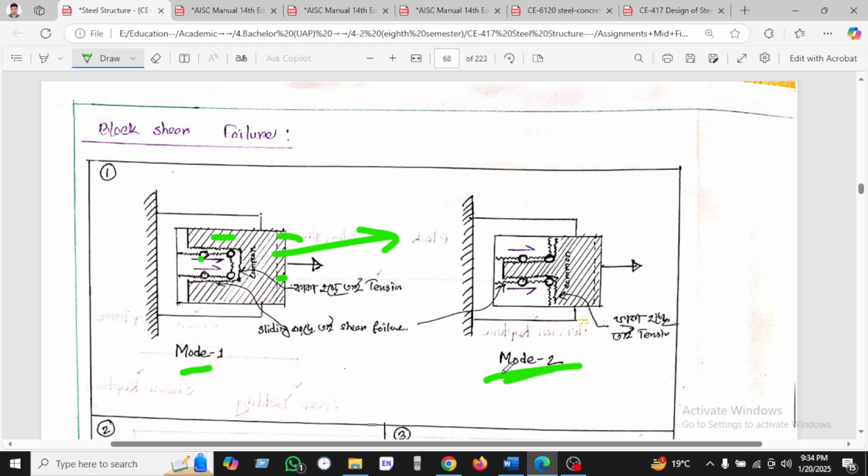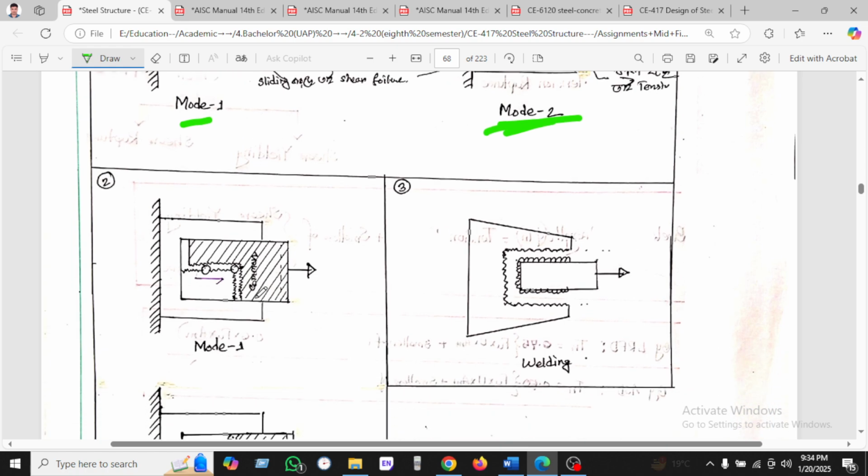On the other hand, in another mode, the plate is torn from this path, and the shearing failure occurs along this line. If you see the picture clearly, you can understand what is happening in the shaded zone.